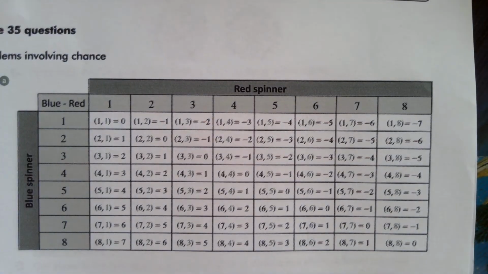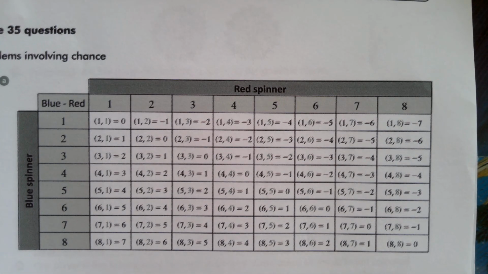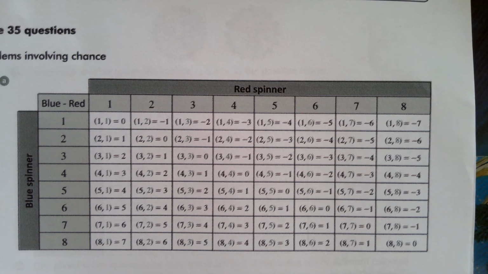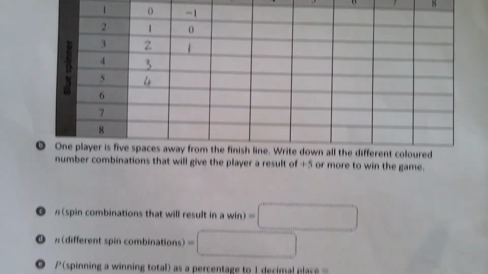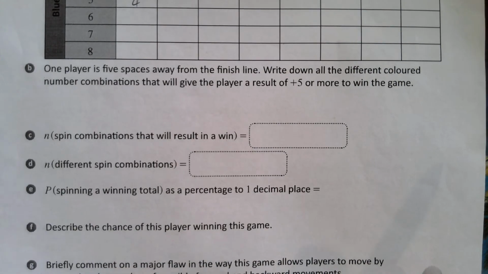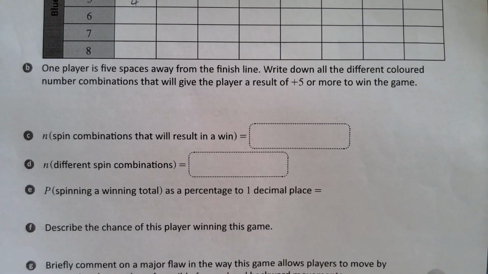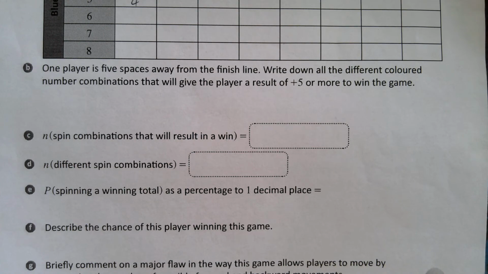Do you have the correct answers? You must have the correct answers to move on. So check everyone has been done correctly, and then we can move on. One player is 5 spaces away from the finish line. Write down all the different coloured number combinations that will give the player a result of +5 or more.